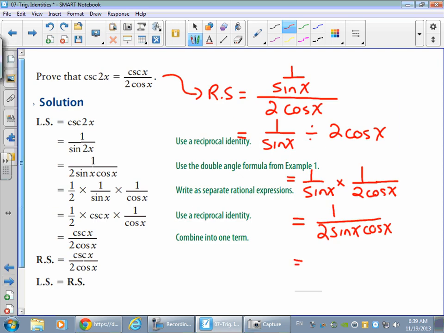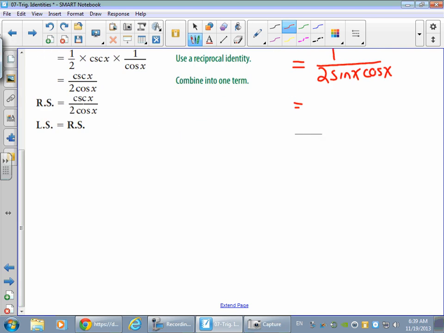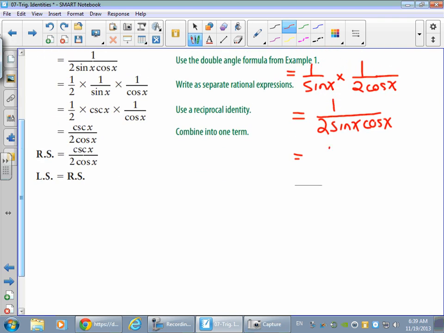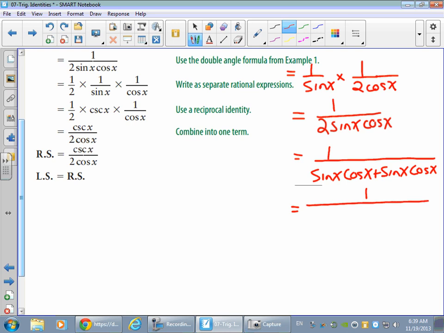This is unintentional, but this is the same as, now assuming I didn't remember having just proven that, 1 over sine x cos x plus sine x cos x, which is the same form as our compound formula for sine, sine addition, sorry. And so this is 1 over sine of 2x.